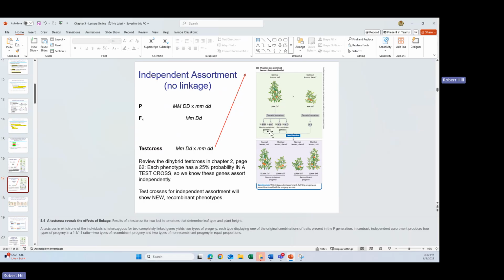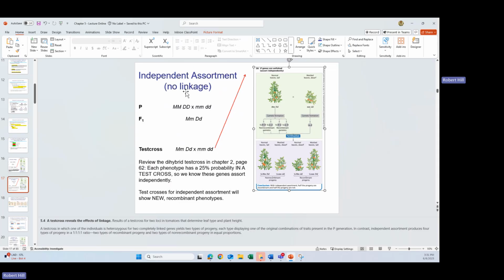You have to be using that branch diagram method, which at this point, I think it should be pretty clear, right? These are all represented equally at 25%. And because it's a test cross, you've only got one possible type of gamete since they're homozygous recessive. But you've got 4 different possible gametes with independent assortment and a heterozygous. Okay. All right. So be sure you're not doing Punnetts.